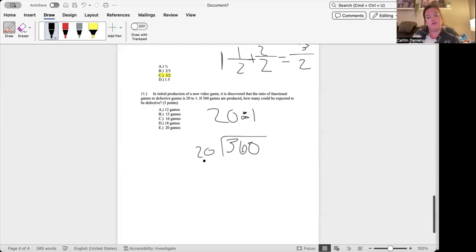So let's do some long division on this. 20 goes into 36 one time. So 6 minus 0 is 6. 3 minus 2 is 1, 16. 20 does not go into 16, so let's drag down that 0. And 20 goes into 160 80 times? No, 8 times.